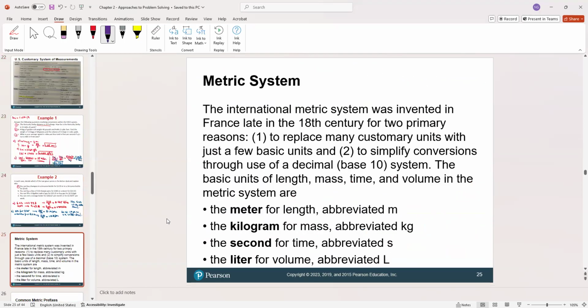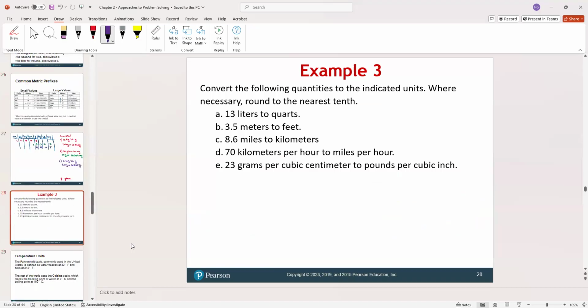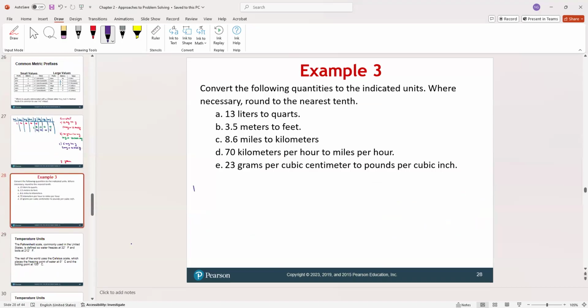We said here, that was not here. Okay, they said 13, that's A, 13 liter, to quarts, right? So we know at this point 1 liter is equal to 1.057 quart.